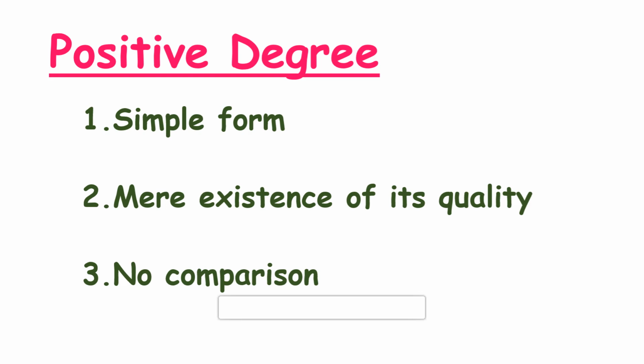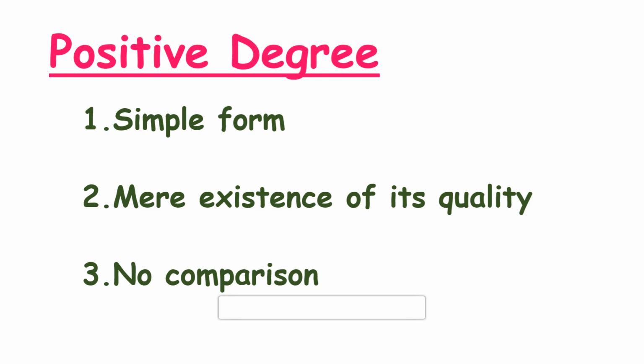So here you need to point out that no comparison is made. It is the simple form. Now, if we take one example, it is like Rama's mango is sweet. So in this particular example, you will see Rama's mango is sweet. Here, Rama's mango is not compared to anybody else's mango.